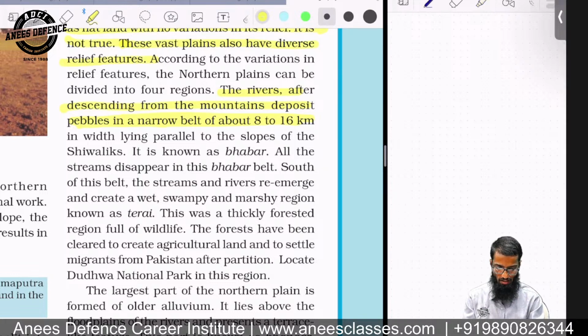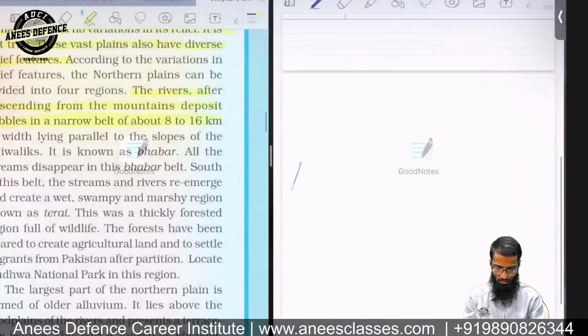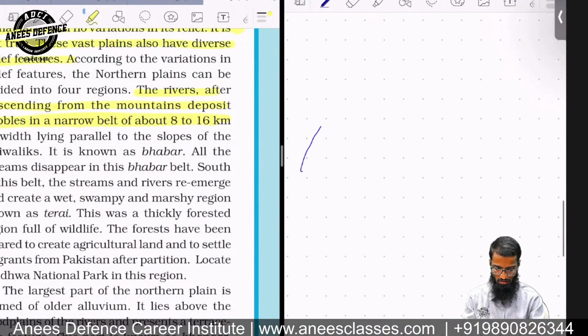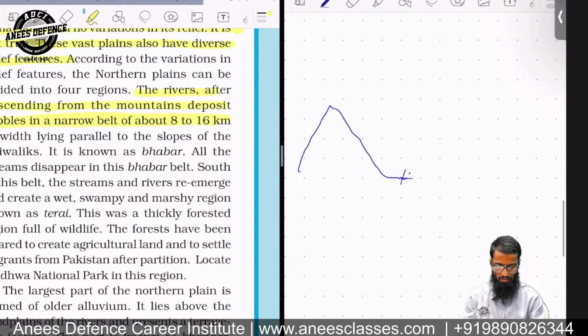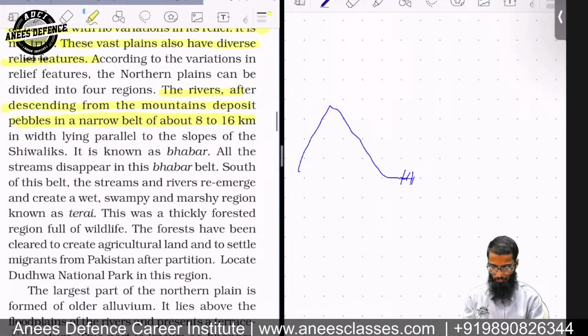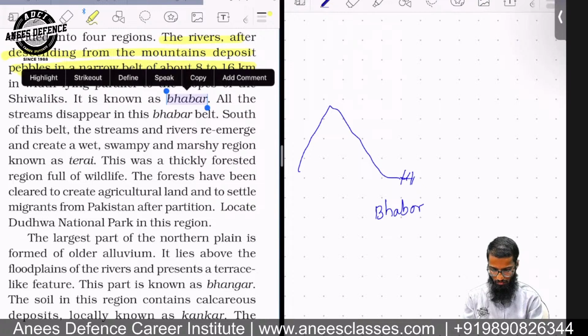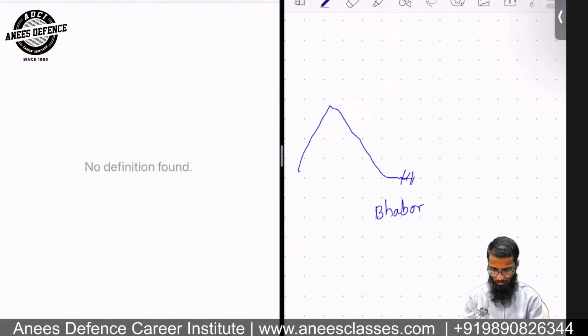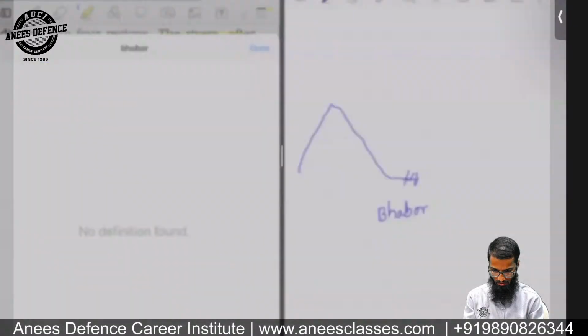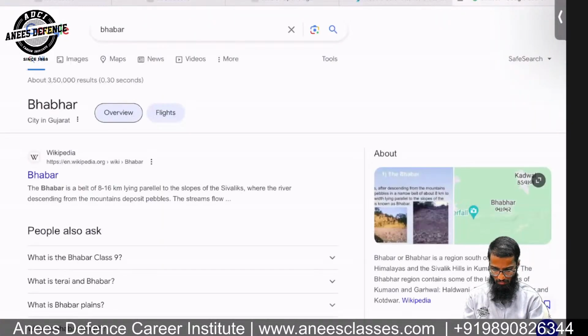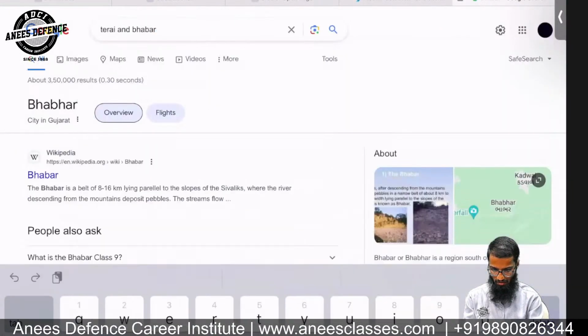So if I want to draw, this is the Shivalik, right? The plains next to the Shivalik are called Bhabar. This is the Bhabar. This is Bhabar, Tarai.